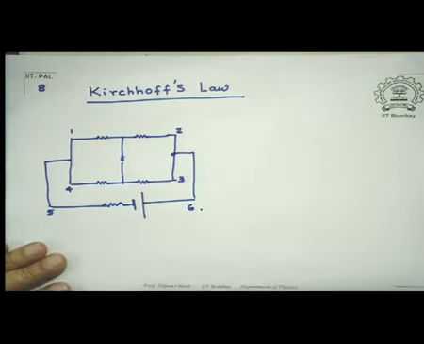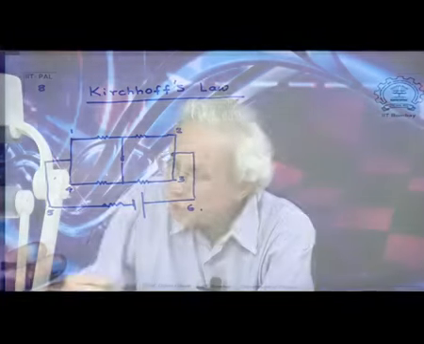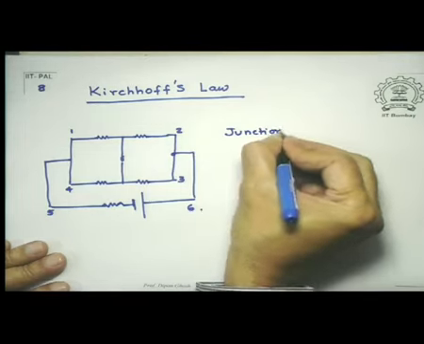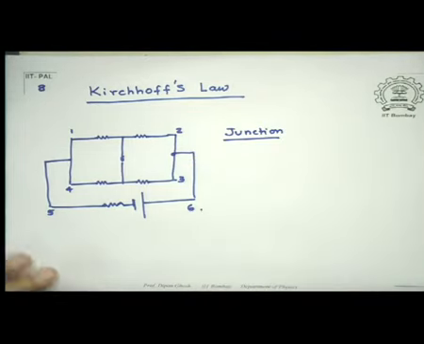Now first I define a branch point or a junction. What is meant by a junction? A junction is a point in the circuit wherever 3 or more branches or 3 or more conductors join. Whether there is resistance in it or just a resistance-less wire, it does not matter.